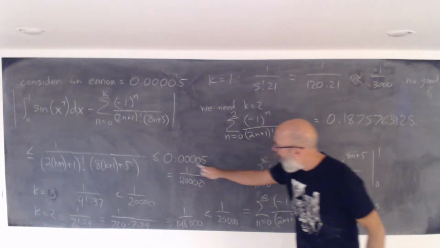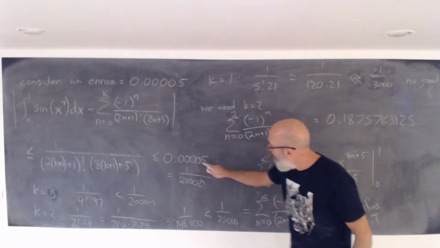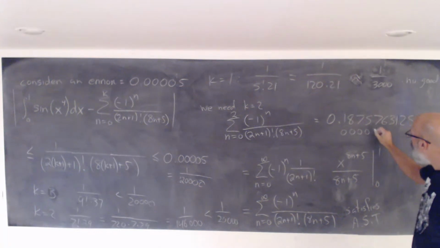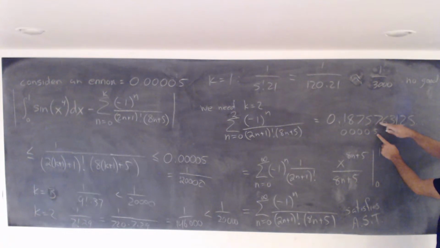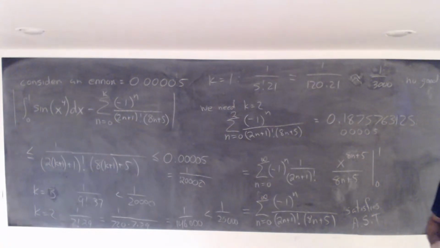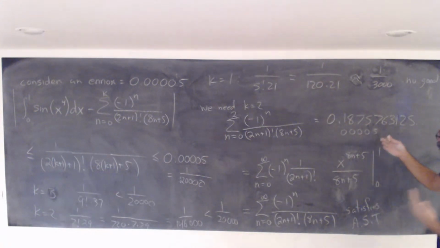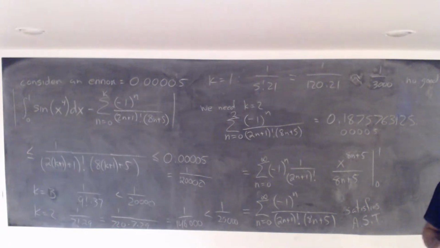If the error was actually this, 0.00005, then when you add these two things together, that would change the 5 to a 6. And that would not be sufficient. You couldn't conclude that 1875 are the first 4 digits.